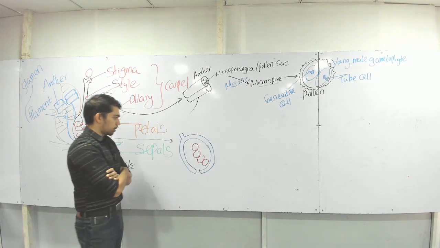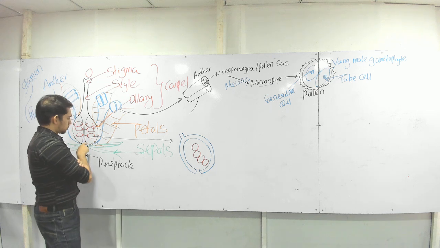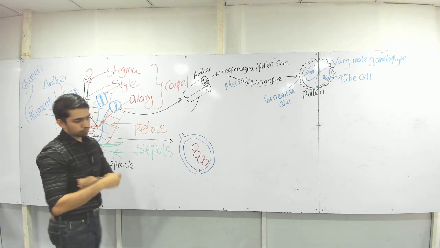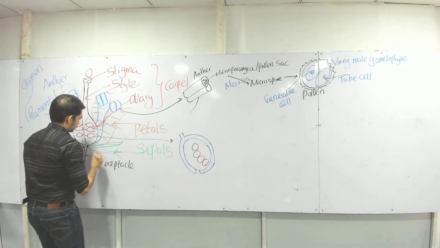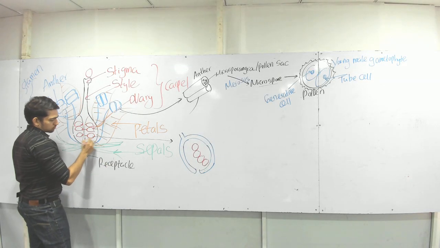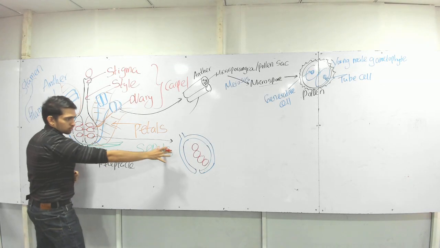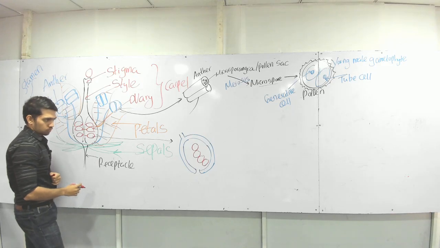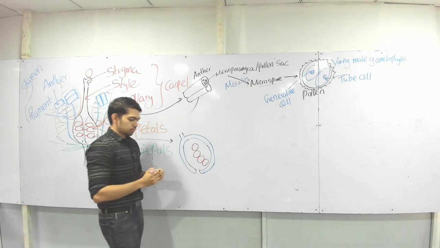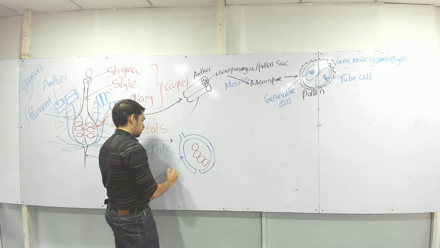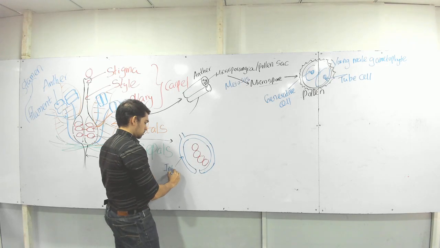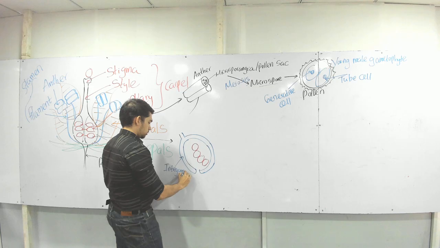Okay. Now we are going to focus on one ovule. What is going to happen? This is that ovule. What are the parts of an ovule? Protected by integument.